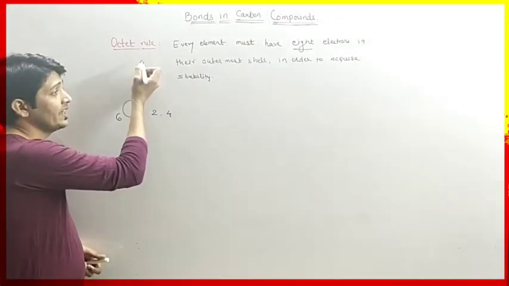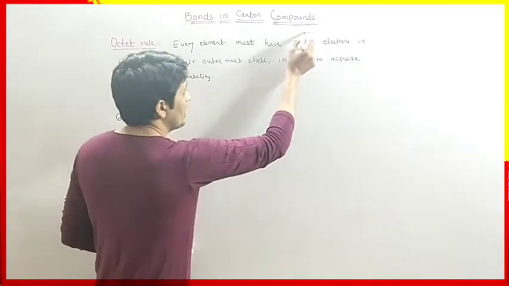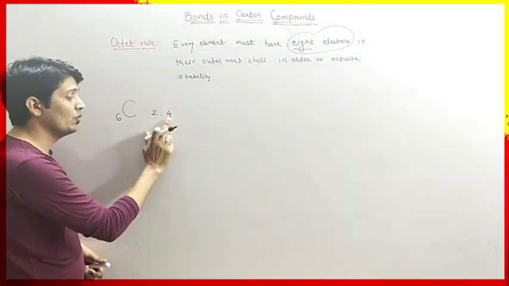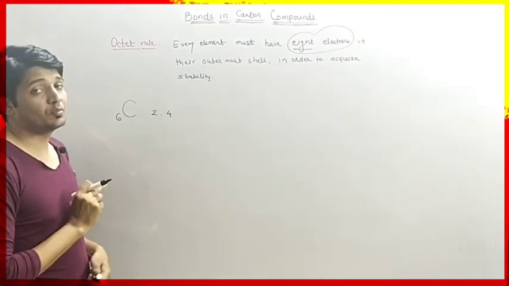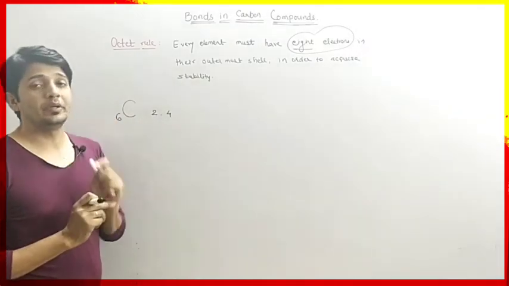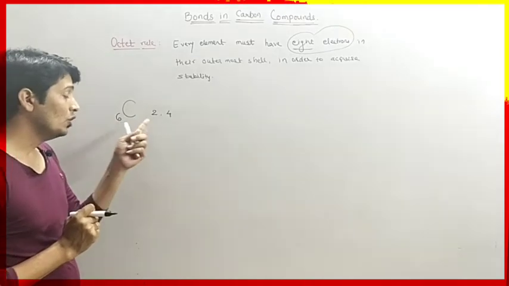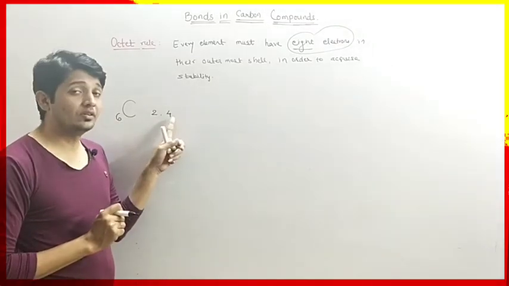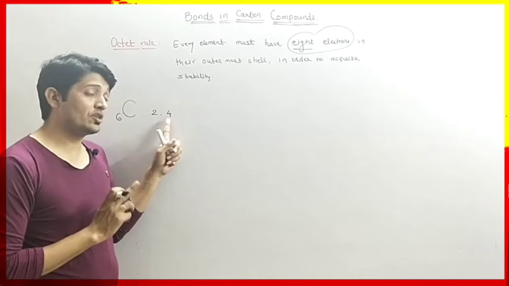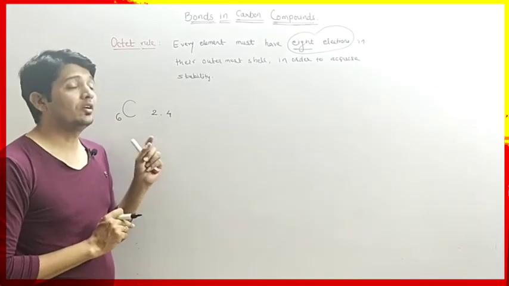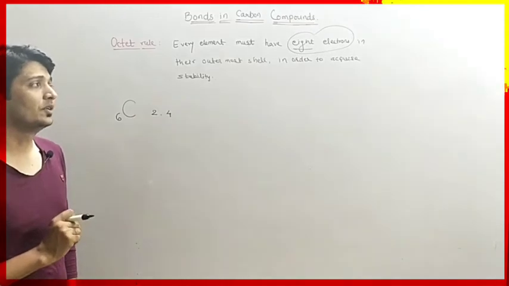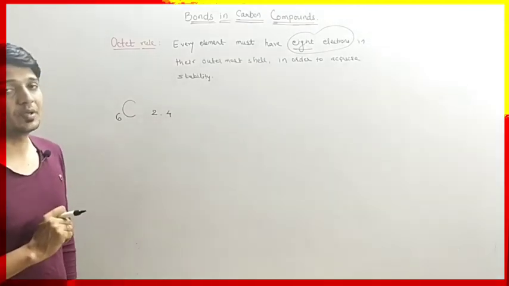The octet rule says every element must have 8 electrons in the outermost shell, but carbon has only 4 electrons in its outermost shell. So carbon has 3 possibilities. It may lose these 4 electrons or may gain another 4 electrons, then the outermost shell will have 8 electrons, or it may share electrons with other atoms in order to acquire stability.